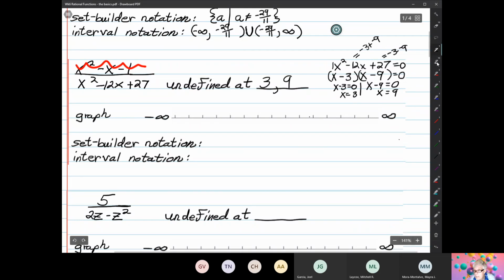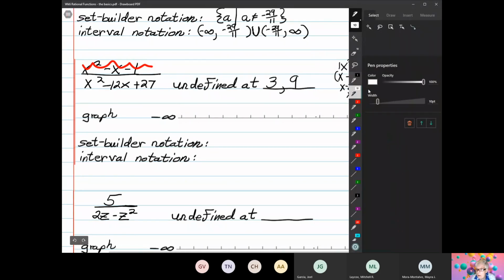And I want to do that with my white pen. I need to make it more narrow. We'll take it down to 3.